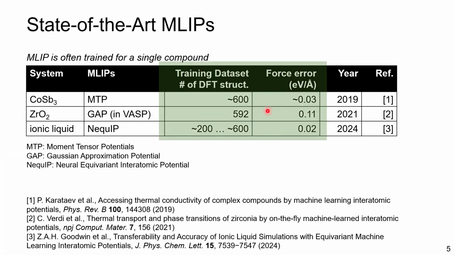And this is state-of-the-art with different architecture samples. So the bottom line is that the state-of-the-art error is below 100 milli-electron volt per angstrom. That's where you could say ab initio accuracy starts. And the training dataset size is on the order of 500 structures. So this is what we have. This is state-of-the-art.